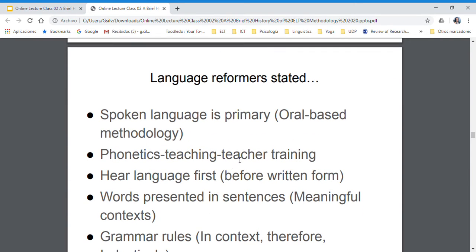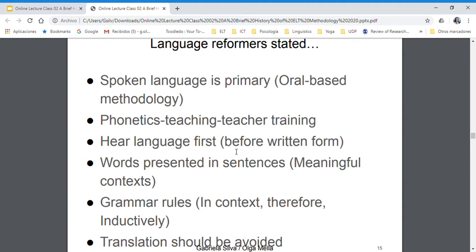So this shift is towards spoken language, and the input is very important. You're going to listen, do receptive work first before moving to what you can see in written form.